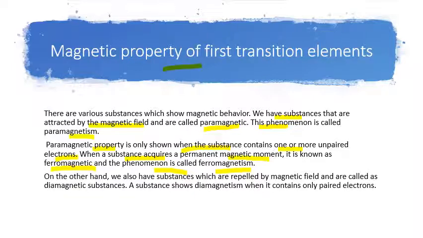And the third type of behavior is that substances which are repelled by the magnetic field are called diamagnetic substances, and such a phenomenon is called diamagnetism. Such behavior is caused by substances or elements which contain only paired electrons.